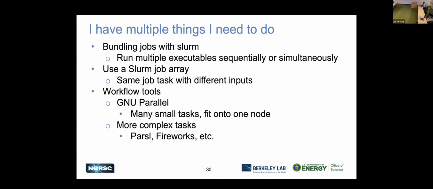So if you have the same job task with different inputs, you can configure a job array and Slurm can execute those for you. Then there are other workflow tools. NERSC users become heavily invested in workflow tools and figuring out ways to make some of the other things more automated. So we have other tools available, like GNU Parallel. You can do small tasks in one node, and then more complex workflow tasks with tools like Parsl and FireWorks as well.